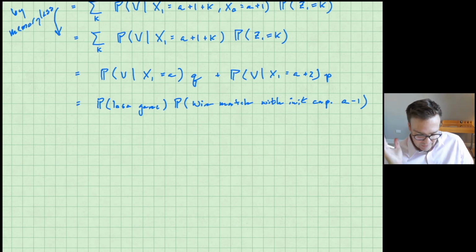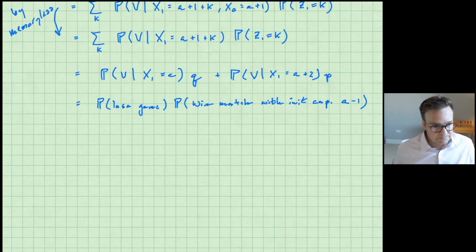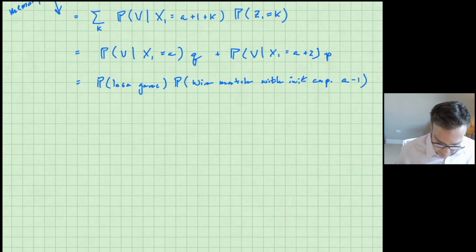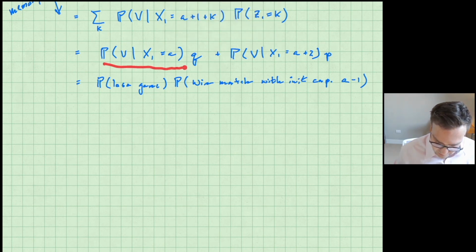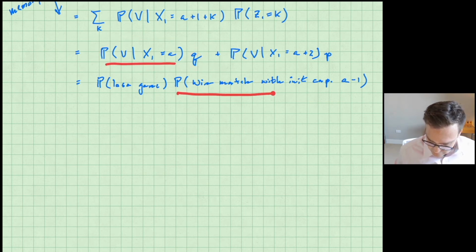It doesn't matter what was happening earlier, but if you're at time step 1, you can call that initially. So you're starting the game, and if X1 is equal to a, that means player A has capital a minus 1 at that point. All right, and that's just reading this term here. So the q is here, and then this guy is here.